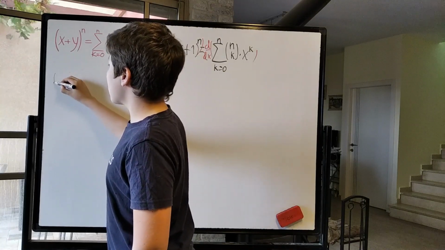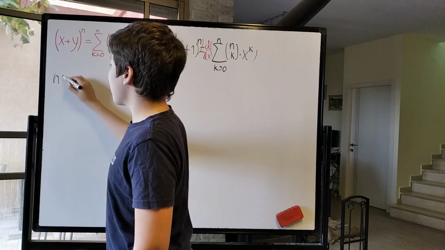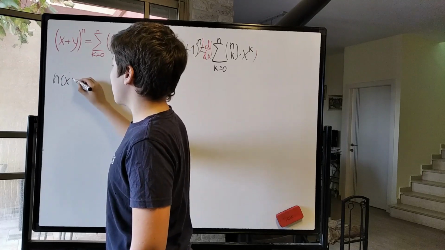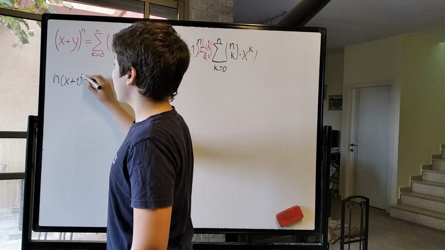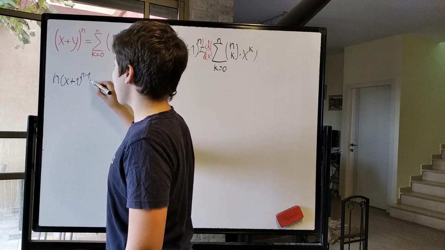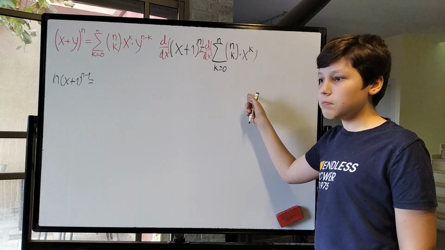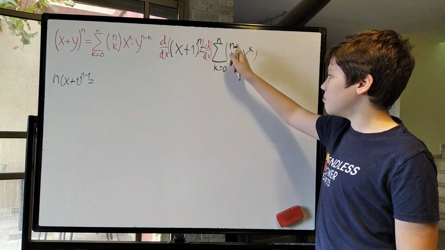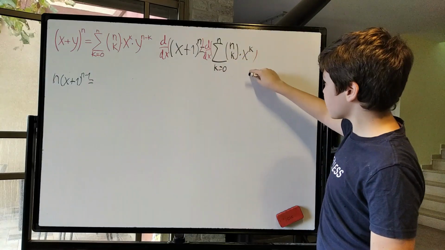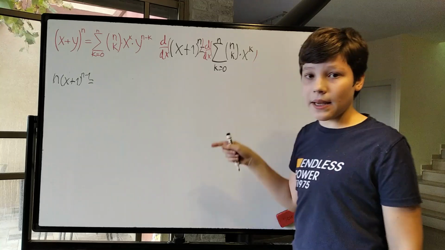So we'll get n times (x + 1)^(n-1) is equal to, now the derivative of this, you have all the sum choose function, and then we have just some x^k.